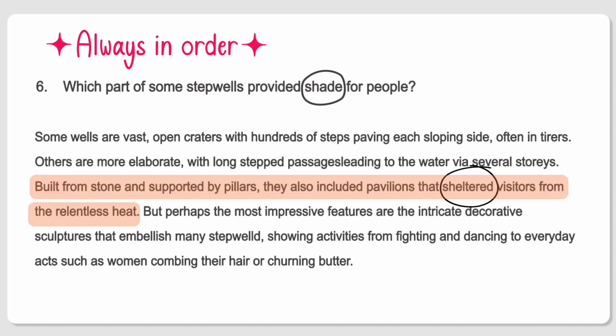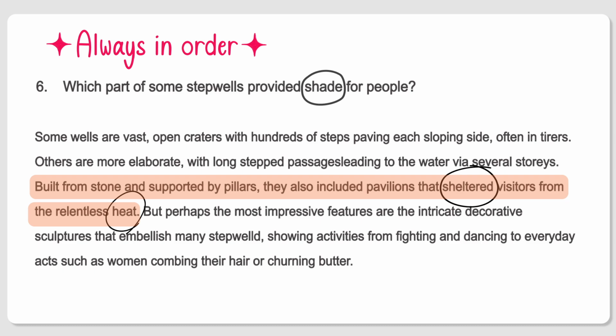Built from stone and supported by pillars, they also included pavilions that sheltered visitors from the relentless heat. Now, that's very important. We have heat, and we have shelter. So sheltered visitors from the relentless heat means provided shade, right? Now, we are 100% sure that the answer is in this sentence.